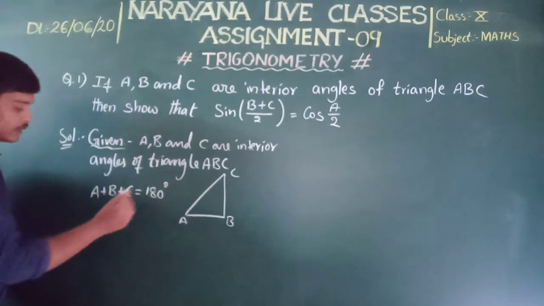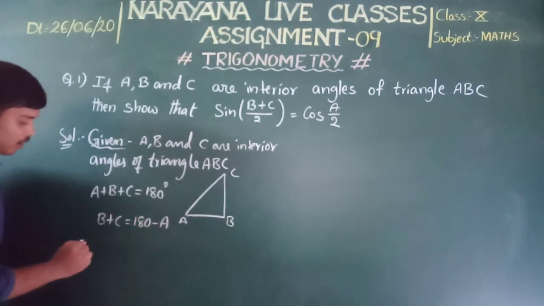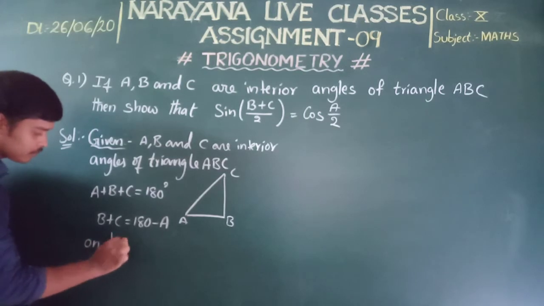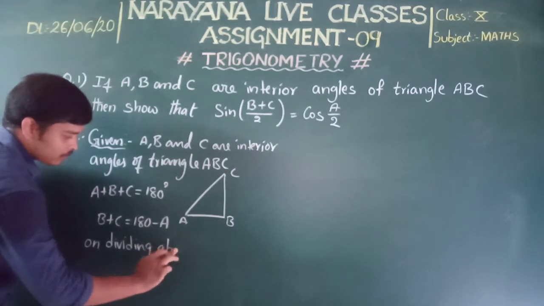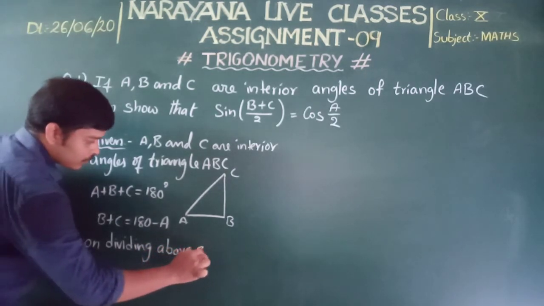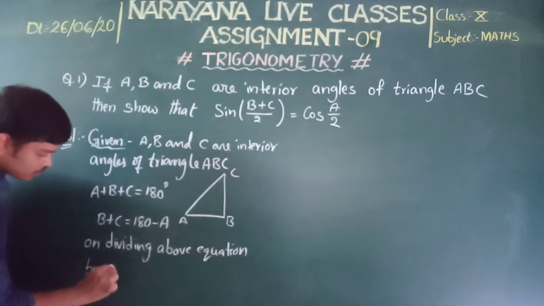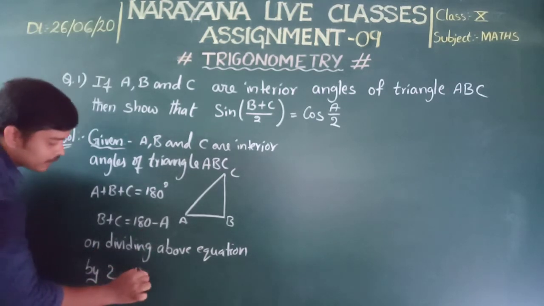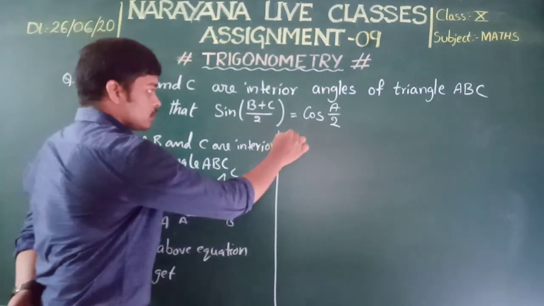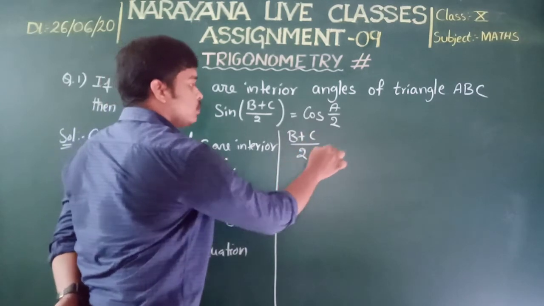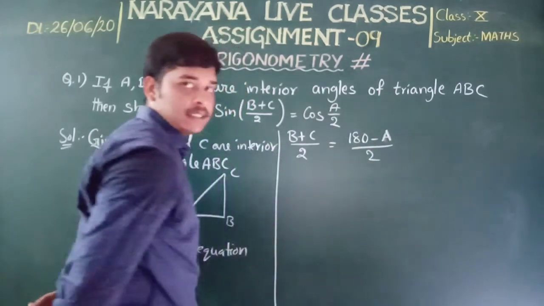Now we are sending A to the other hand side. So B plus C is equal to 180 minus A. On dividing the above equation by 2, we get (B plus C) by 2 is equal to (180 minus A) by 2.